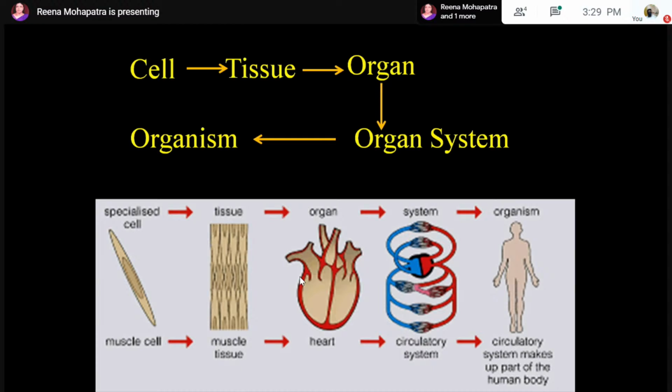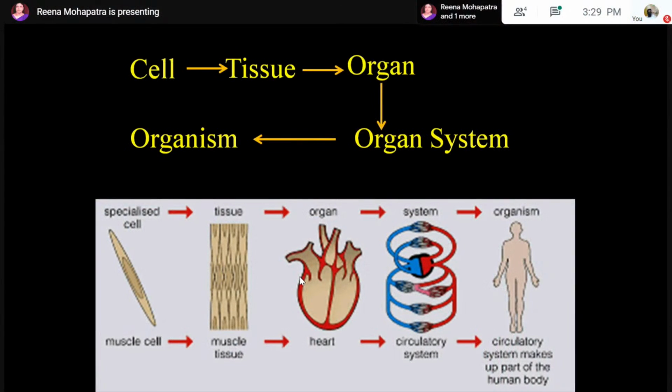And the heart, we just have a minute left. Okay, this picture I'll finish. So the heart, along with other organs like the spleen and lungs, forms a circulatory system, and with the digestive system and nervous system, all together that forms an organism.